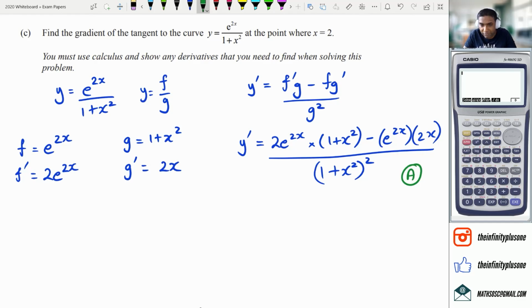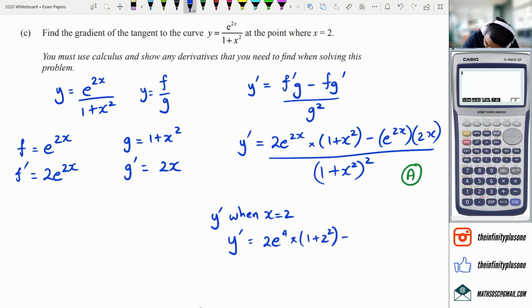So y dash when x equals 2 is 2e to the power of 2 times 2, which is 4, multiplied by 1 plus 2 squared, minus e to the power of 4, times 2x which is also 4, and that whole thing is divided by (1 plus 2 squared) squared.